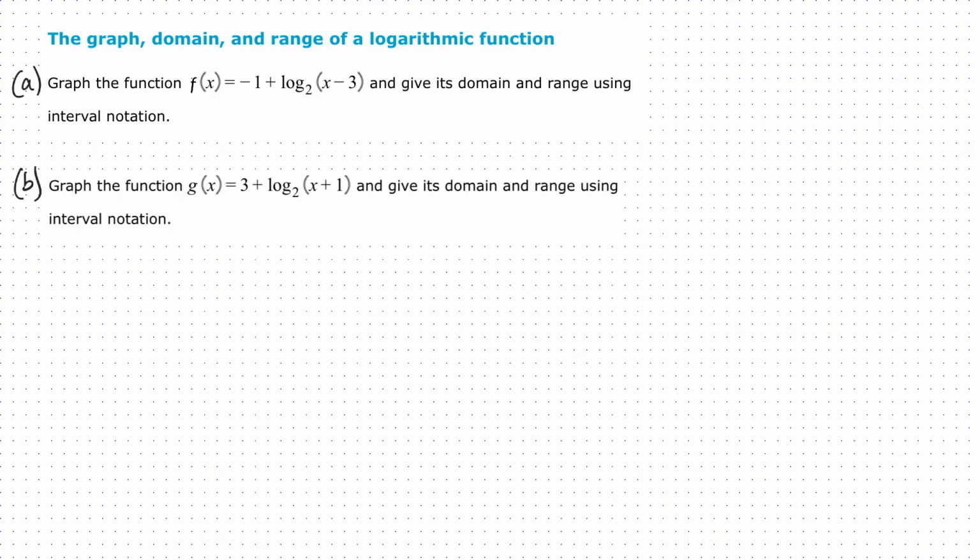First thing I'm going to do is begin to identify some of the transformations from your base function. So your base function here is b of x equals, let's say, log base 2 of x. Clearly, this says we're going to move our base function 3 units to the right.